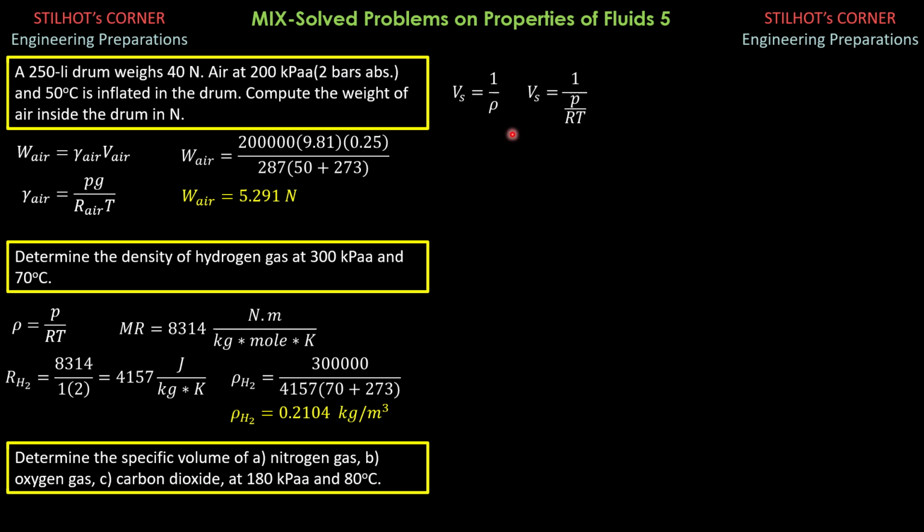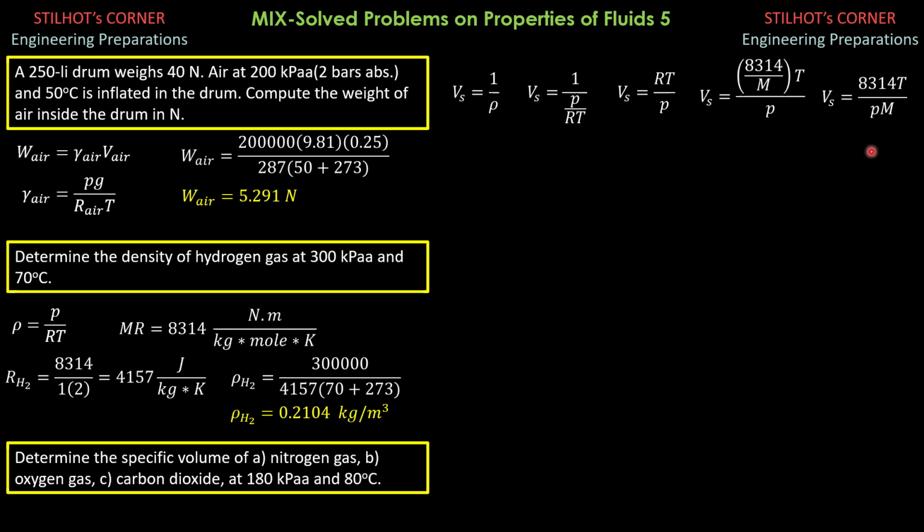But I just substitute density equals pressure over RT. So specific volume is also RT over pressure. We replace R by 8314 over the molecular mass of the gas, then times T over P. So the formula is 8314 T over PM.